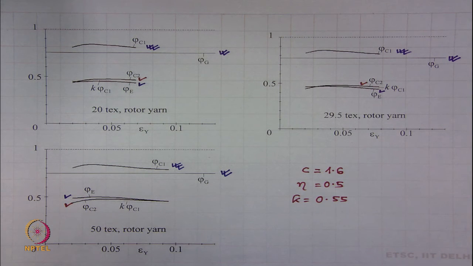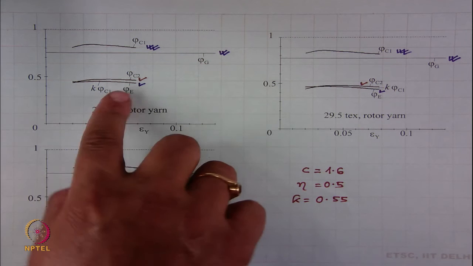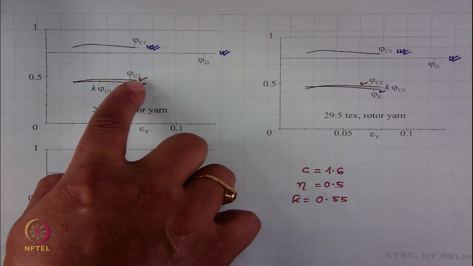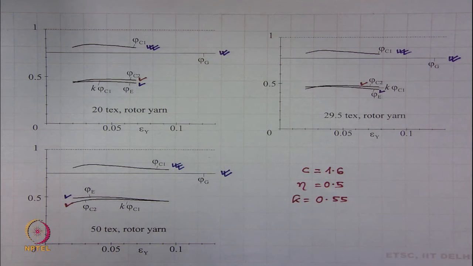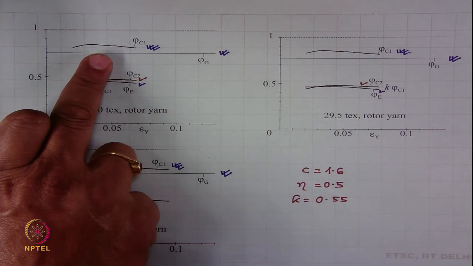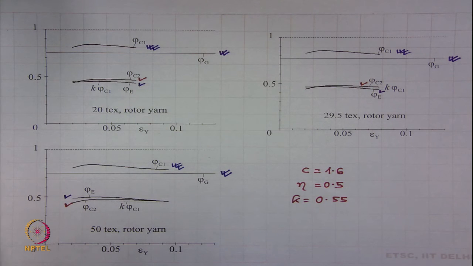Now, what do we see here? Here again phi C2, that is related to the partial generalization of helical model, gives very close correspondence with the experimental results in all three cases. Gagop's model as usual stays much above the experimental curve, and phi C1 helical model stays further above than Gagop's one and also the experimental one.